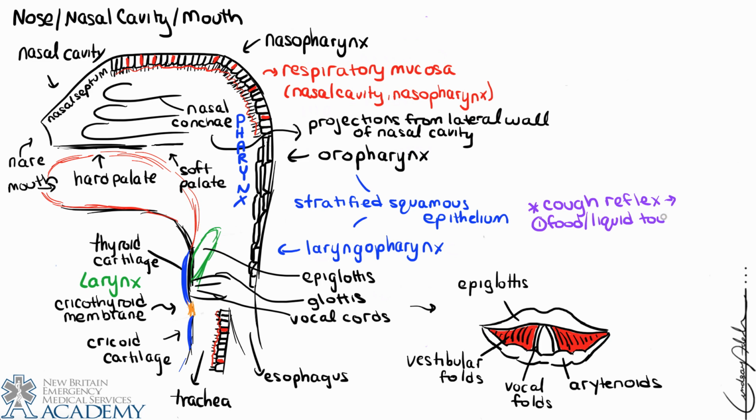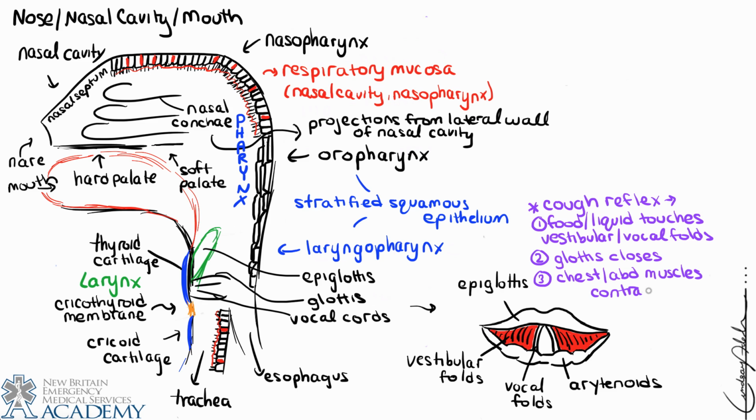reflex. So a cough reflex, basically if any food or liquid touches either the vestibular folds or the vocal folds, so it's not even just those vocal cords, it's anything that makes up that tissue layer, the glottis immediately closes, or we could more appropriately say it slams shut, and then the chest and abdominal muscles will contract, which will build pressure inside of the chest cavity, particularly in the lungs.